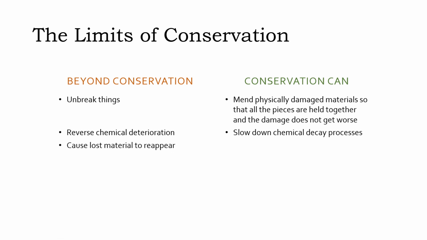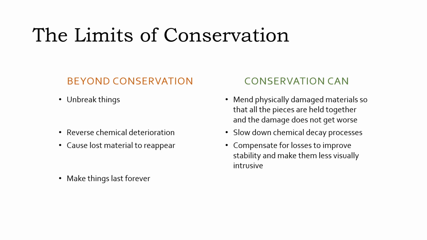We can't make lost material reappear, but we can do a lot to compensate for those losses in ways that improve material stability and make those losses less visually intrusive. And finally, we cannot make things last forever. Forever is a very long time. But we can substantially increase the longevity and usability of historic materials, so they'll be around for us to view, study, and enjoy for a lot longer than they would without conservation.